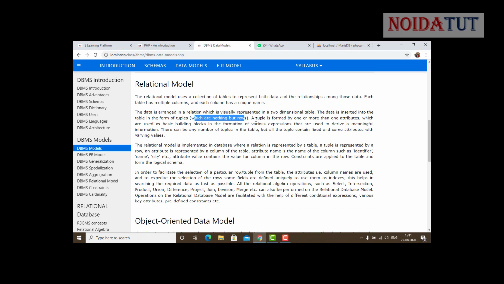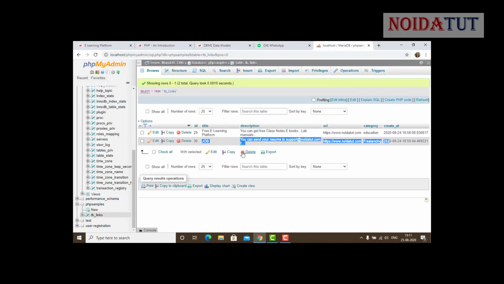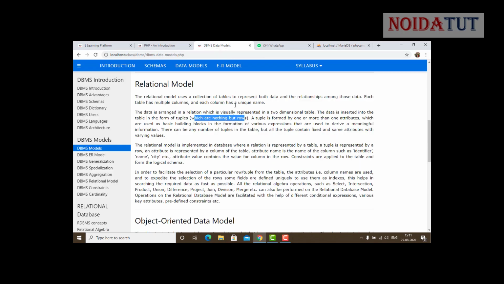There can be a number of tuples in the table, but all the tuples contain fixed and the same attributes with varying values. You can see that there can be as many tuples as there are values in the table. When we are talking about tuples, we should know that a tuple is nothing but the value of the table.